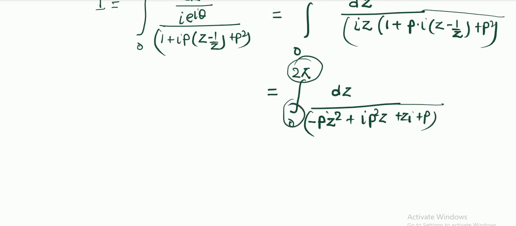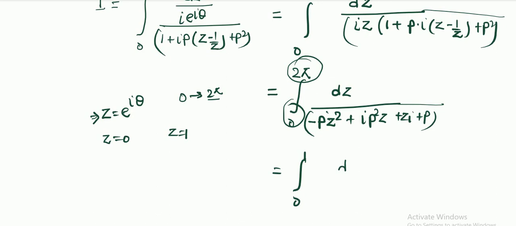So what we have changed is that z equals e to the power I theta. The limit of theta is 0 to 2 pi. Then how will z vary? When you put theta equals 0, z will be 0, and when you put theta equals 2 pi, z will be 1. So this limit will further change to 0 to 1 dz by minus pz square plus I p square z plus zI plus p.